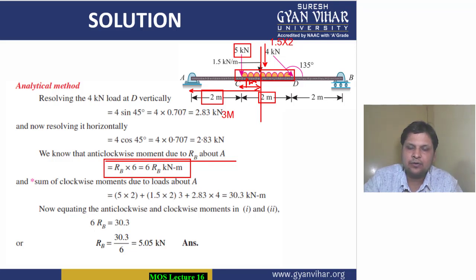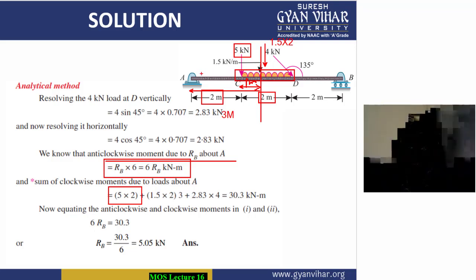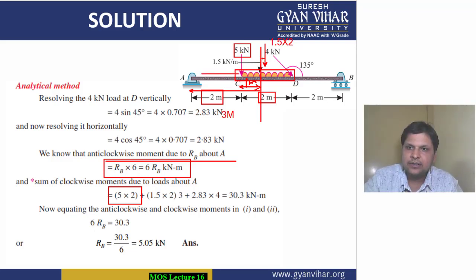So 6 into RB is the anti-clockwise moment, and for clockwise moment we have added the moment caused by all the forces: 5 into its distance 2 from A, then the other force is 1.5 into 2, into its distance 3.